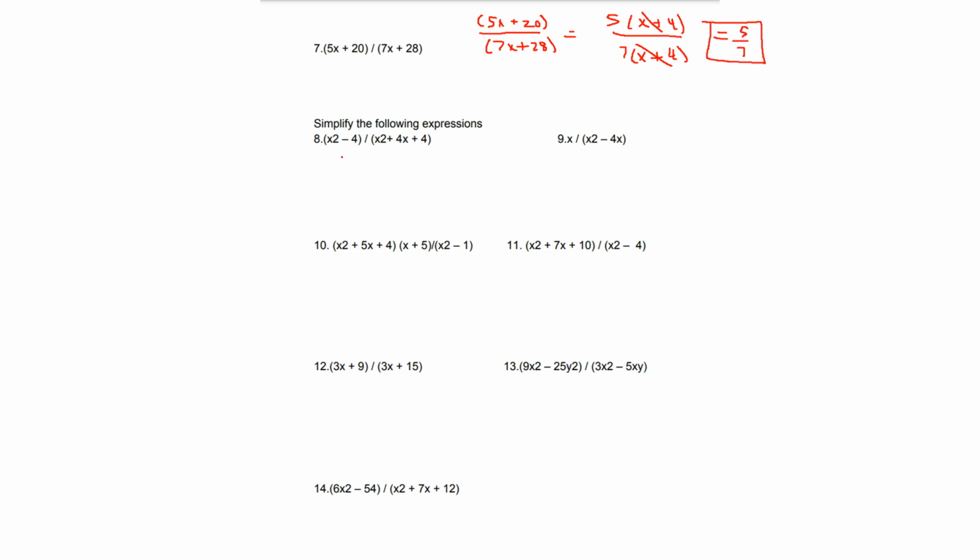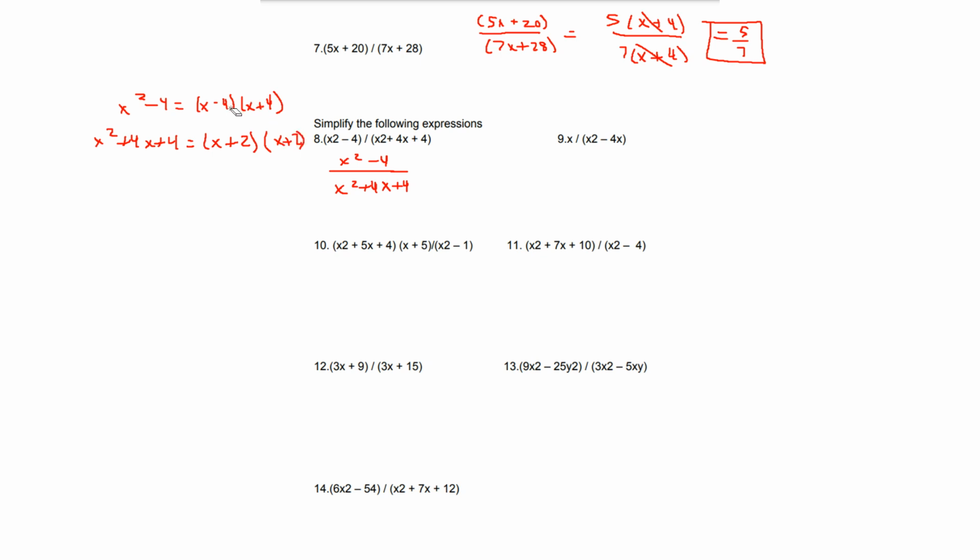For number 8, we have x squared minus 4 over x squared plus 4x plus 4. x squared minus 4 is also just x minus 2 times x plus 2. x squared plus 4x plus 4 is also just equal to x plus 2 times x plus 2.